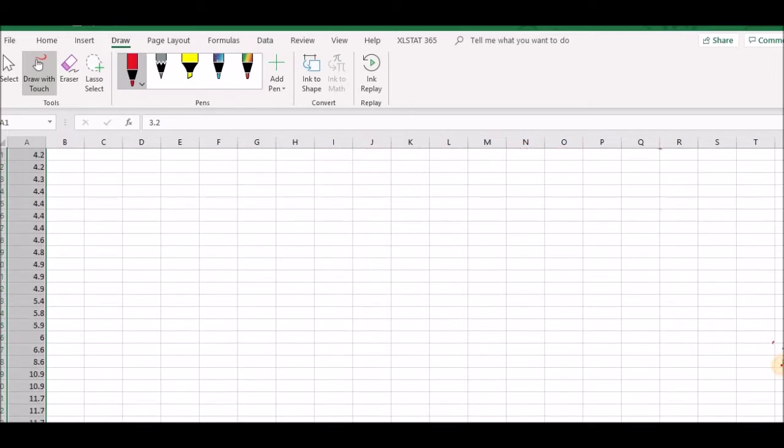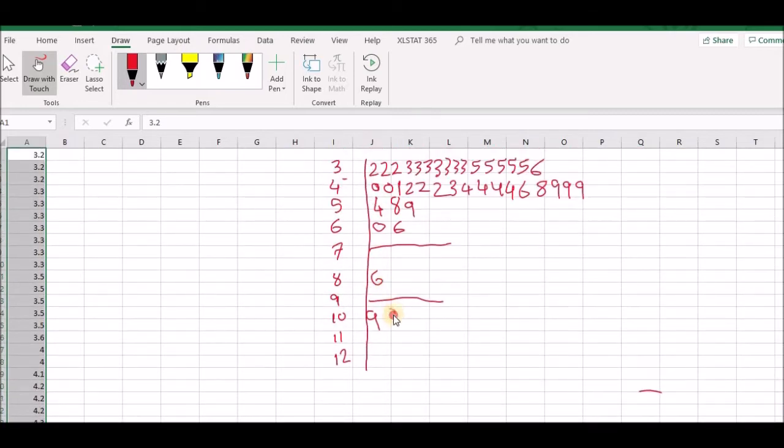I have two 10.9s and 11.7, 11.7 3 times, and 12, which is 0 right here. Remember, 12 does not mean that we don't write anything here, but we write 12.0. Remember that 12 is equivalent to saying 12.0. It's exactly the same. So remember that because you have decimals.